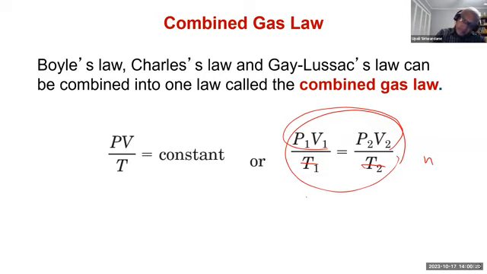If the volume is held constant, V1 and V2 cancel out. Held constant means same value. Then it becomes Gay-Lussac's law. If you hold pressure constant, then it goes to Charles' law. Therefore, combined law summarizes the whole idea about three gas laws: Boyle's law, Charles' law, and Gay-Lussac's law.